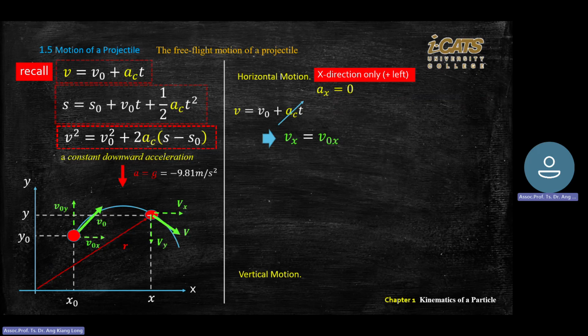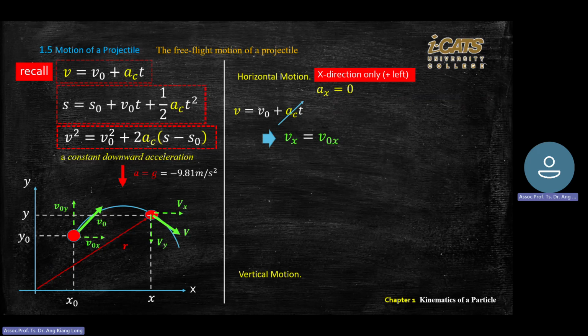Where do you get Vox? From your vector. You change this vector into a trigonometry question. You break it into cosine and sine. So this is your resultant, let's say. So Rx and Ry.